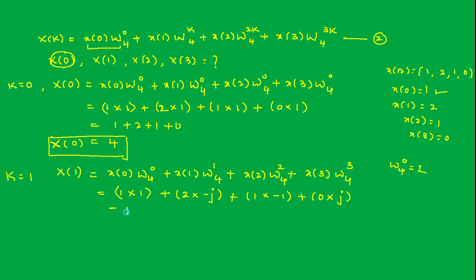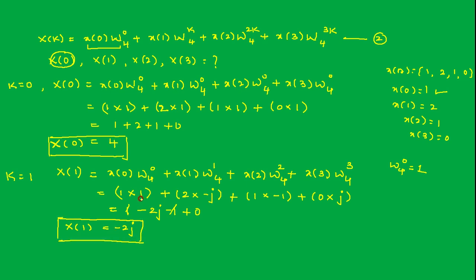So 1 minus 2j minus 1 plus 0. So this minus 1 plus 1 get cancelled. So what is the value? It is minus 2j, that is equal to X of 1.